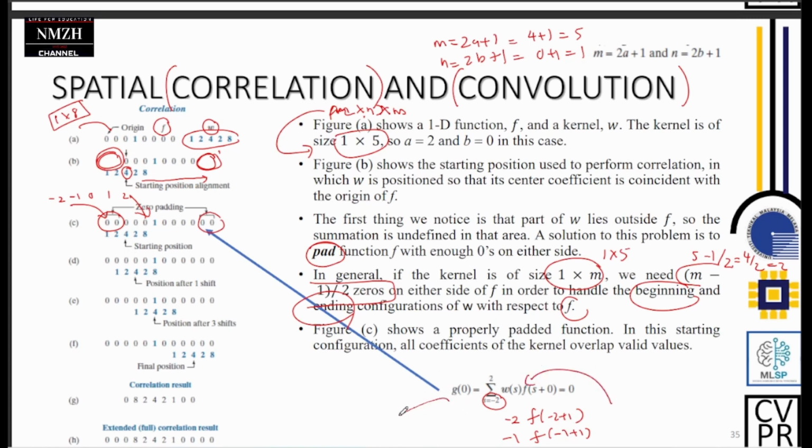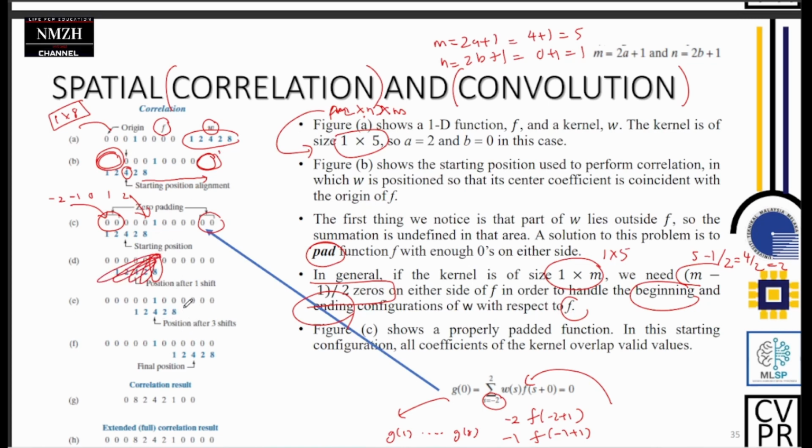This will be followed by G1 until 1, 2, 3, 4, 5, 6, 7, 8. So we have this one as 0, 0, until we have 8, 2, 4, 2, 1.